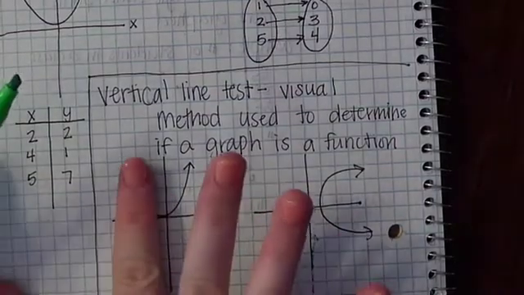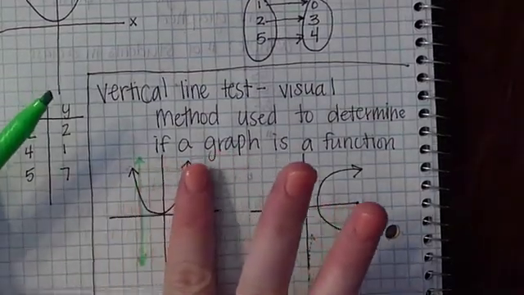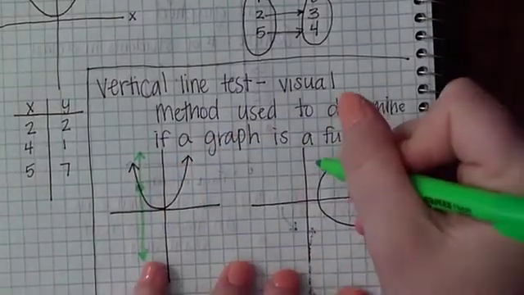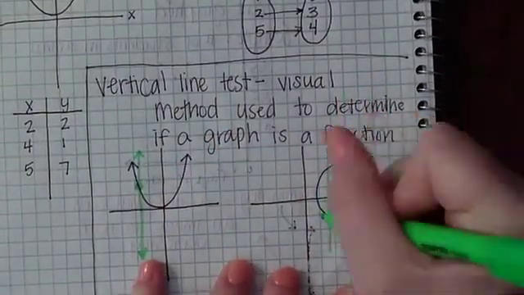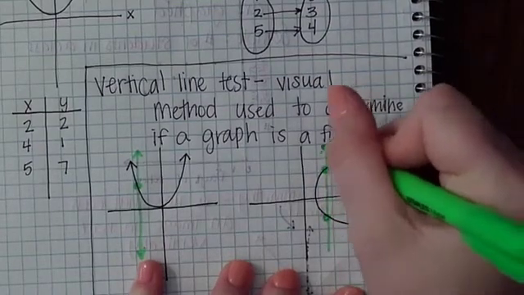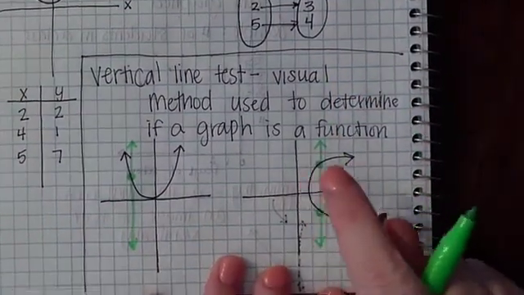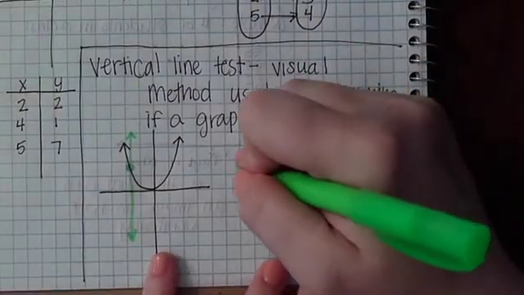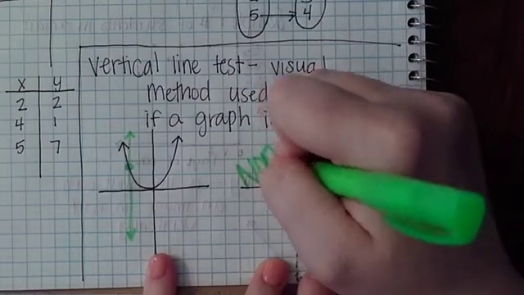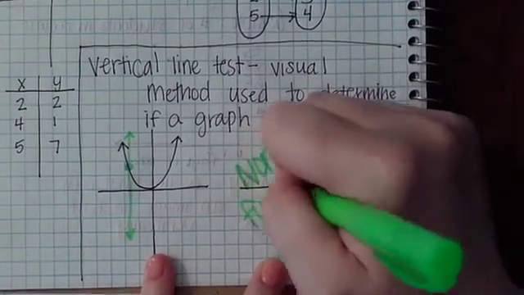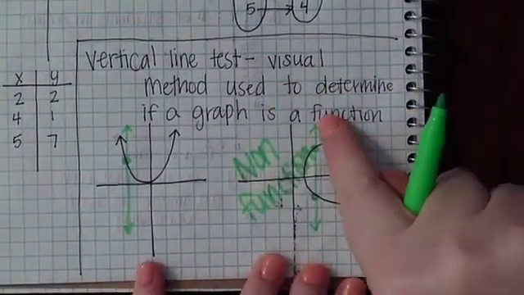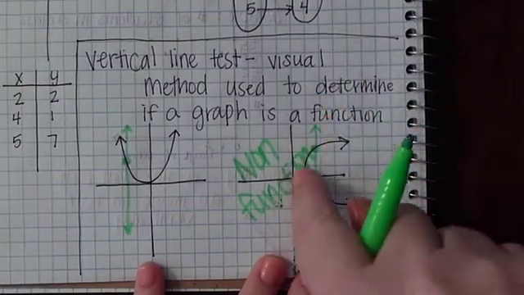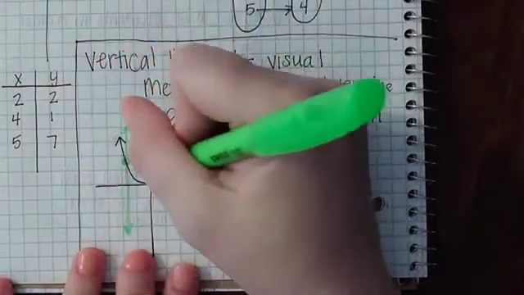Notice if I slid this line along the whole thing, it would never hit in more than one place. But if I drew a vertical line here, it would hit in more than one place. As soon as it hits at least one time in more than one place, it makes it non-function. So that's what we call it when we're looking at a graph. You can use the vertical line test to say that this one's not a function and that this one is a function.